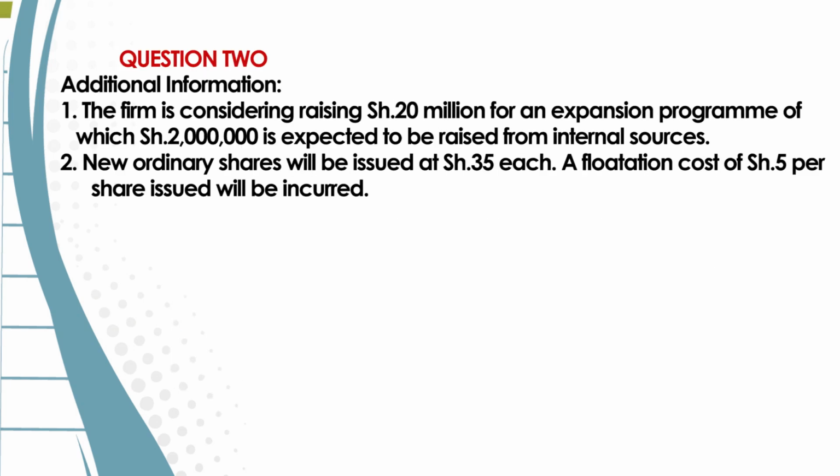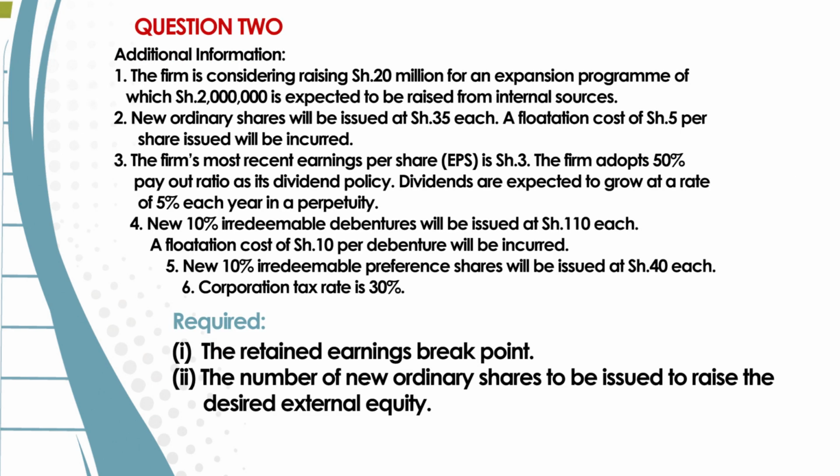And we read in additional information, look at note number 2. New ordinary shares will be issued at 35 shillings each. A flotation cost of 5 shillings per share issued will be incurred. So you have to calculate the number of new ordinary shares to be issued to raise the desired external equity.